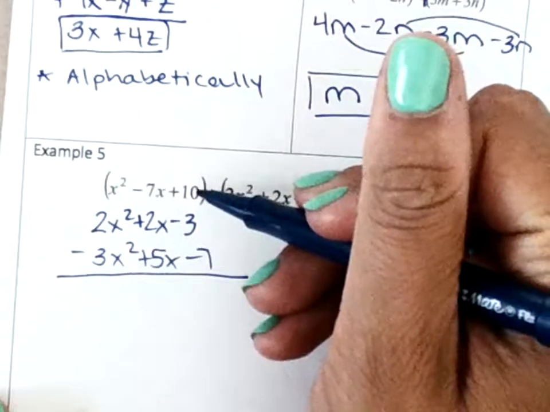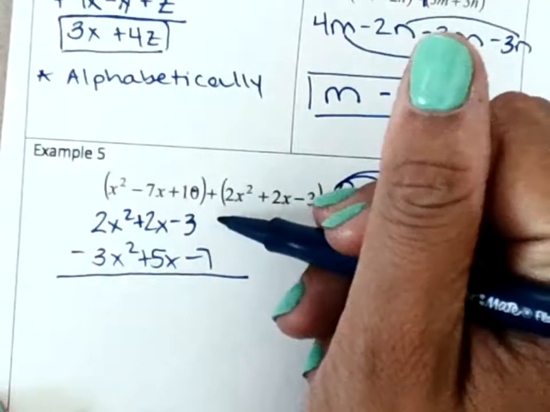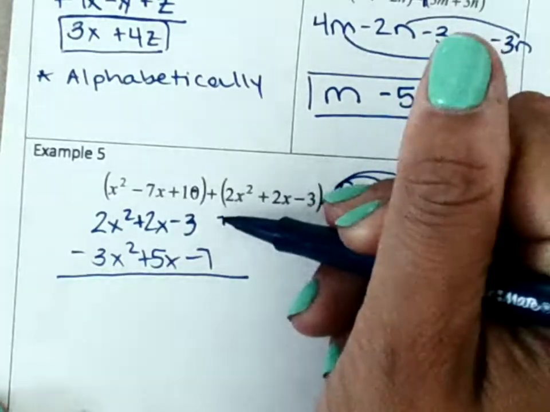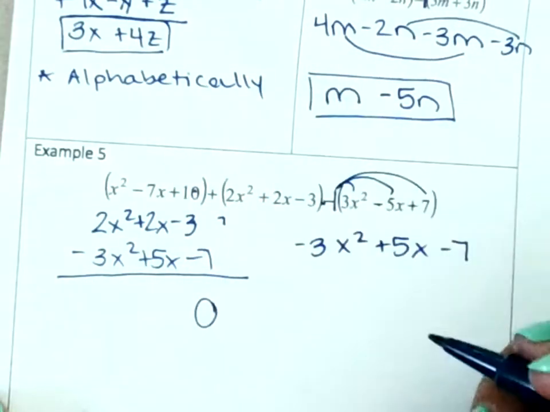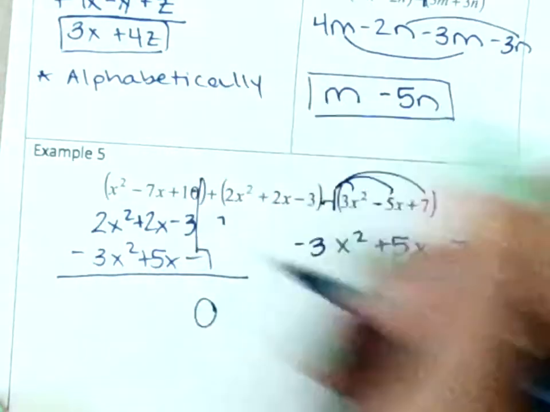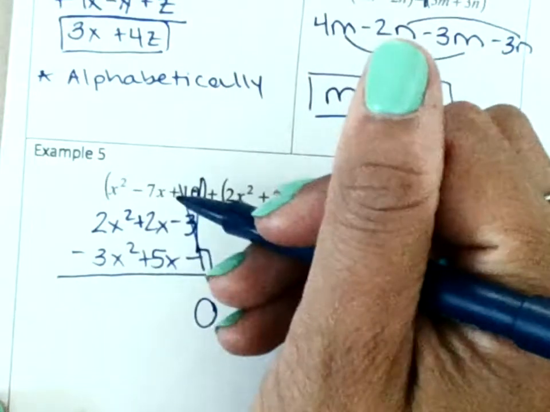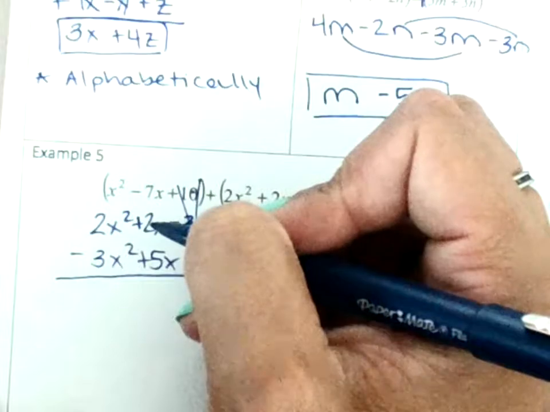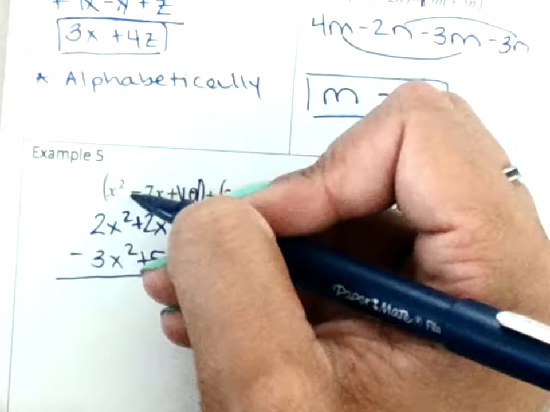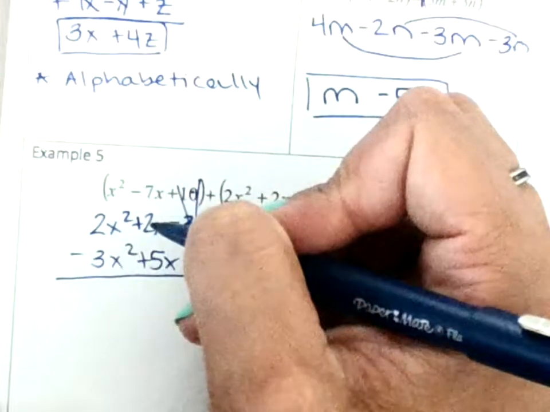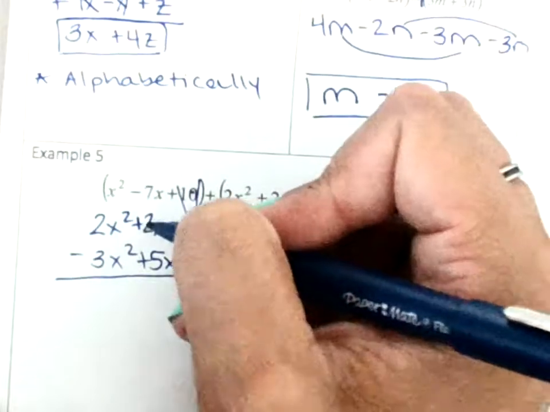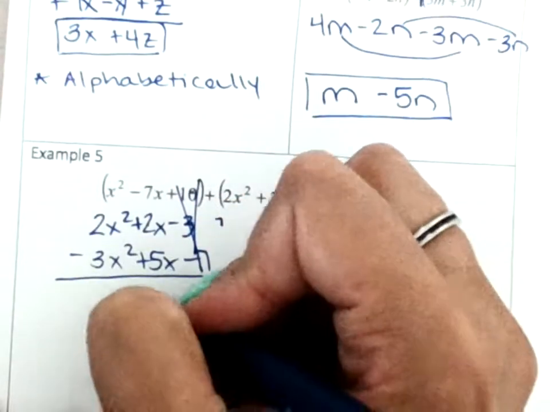You're going to see that we have 10 take away 3, which is 7. 7 take away 7 is 0. So there's nothing left in this column. Next we have negative 7 plus 2. I know that negative 7 plus 2 is negative 5. Negative 5 plus 5 is also 0.